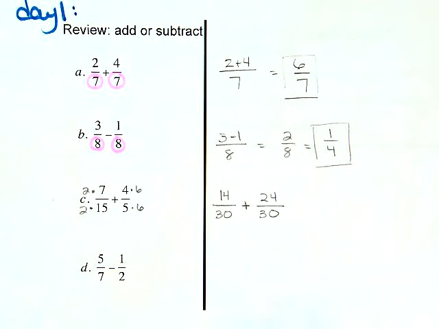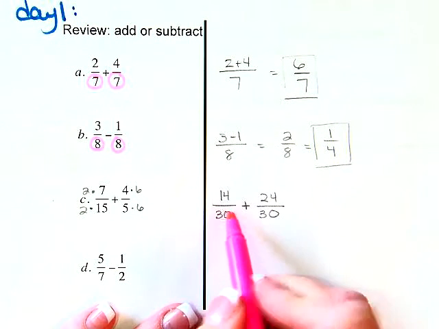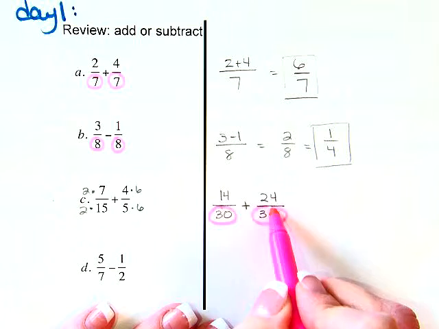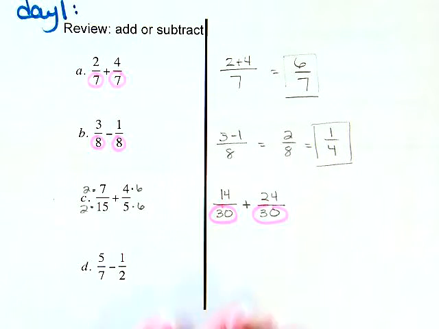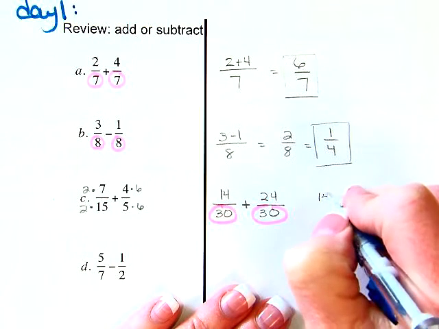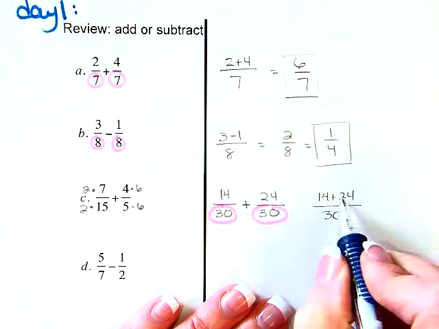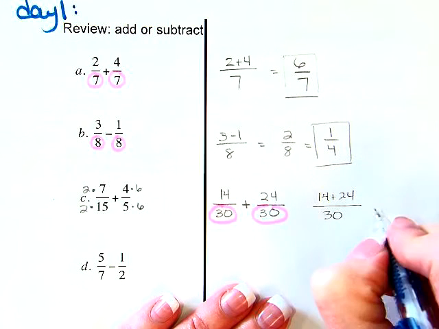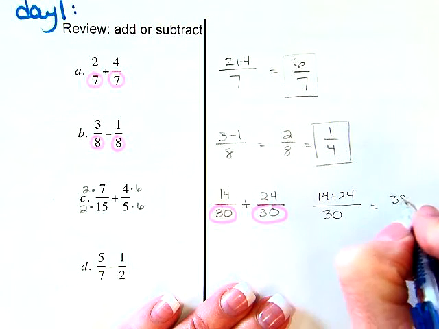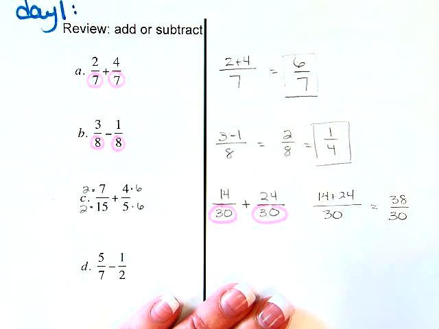And so now these are equivalent, but we do have that common denominator. So now we're able to add 14 and 24, which I know you can do, over 30, so 38 over 30. Reduce that down to 19/15ths, if I did that right.